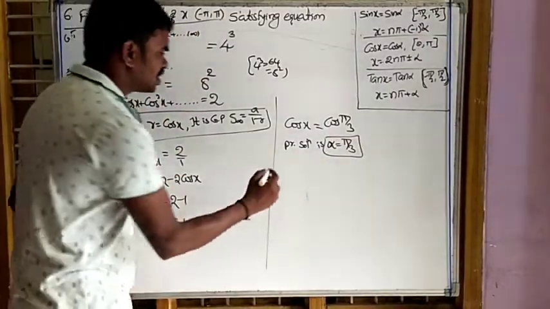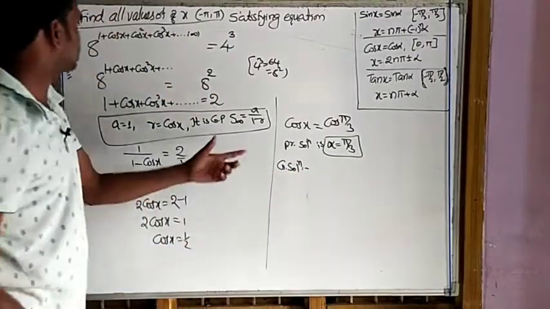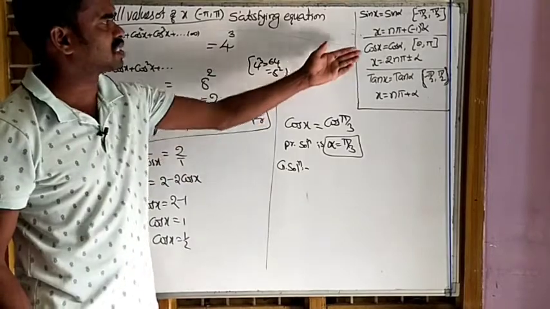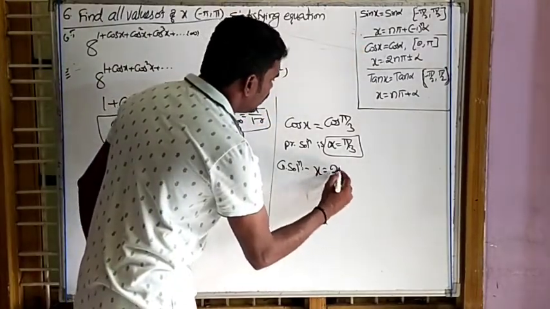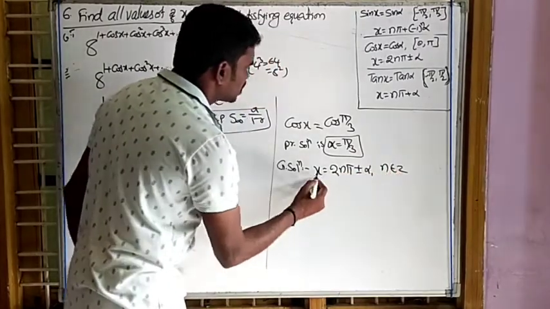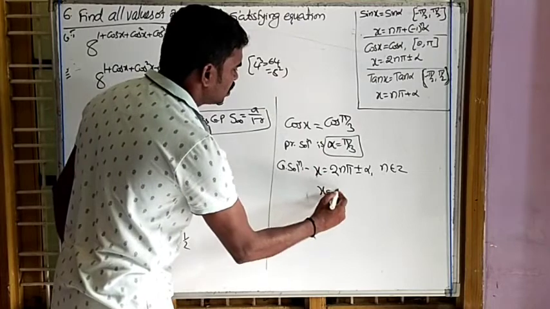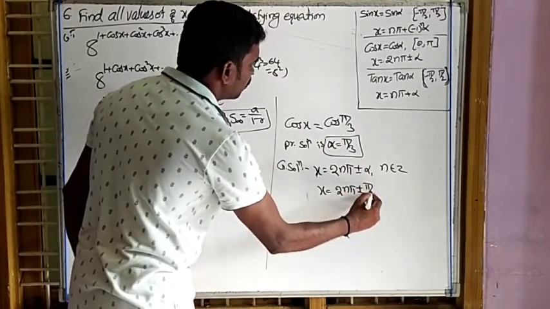Then what about the general solution? For cos, what is the formula? Yes, 2n pi plus or minus alpha. x is equal to 2n pi plus or minus alpha, n belongs to Z. Here, in place of x, there is 2n pi plus or minus alpha, and in place of alpha there is pi by 3.